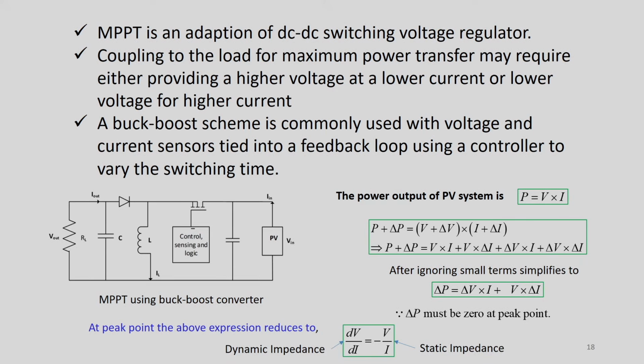So, the duty cycle is applied. If I am interested in V output, it is D by 1 minus D into V input, where D is the duty cycle of a MOSFET. This is the buck-boost converter used in MPPT.